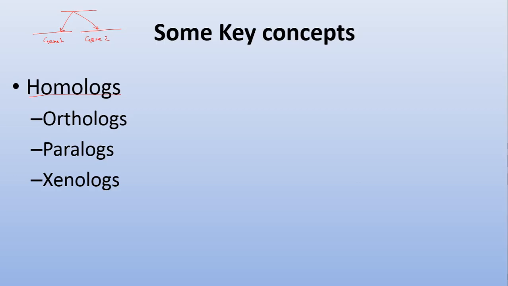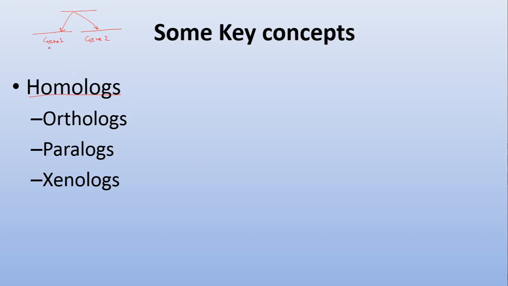Homology has a specific meaning. You cannot call any two sequences homologous to each other unless they have a common ancestor. So the genes or proteins which are derived from a common ancestor are supposed to be homologs of each other.